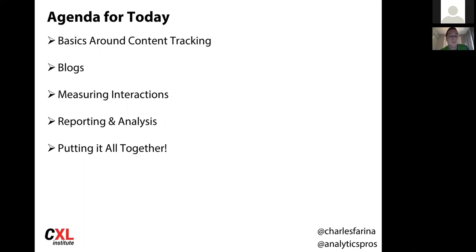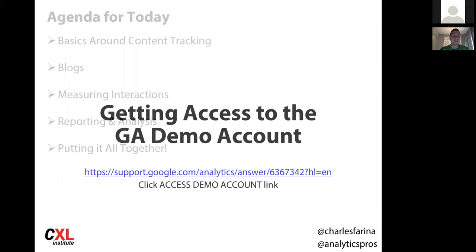We'll talk about measuring all sorts of interactions within content. We'll do some reporting and analysis. I'm going to put it together with some quantitative and qualitative aspects today. So we'll also touch a little bit on Google Surveys, as well as Google Optimize, which are really important for content as well. And then as always, we'll try and put it all together at the end.